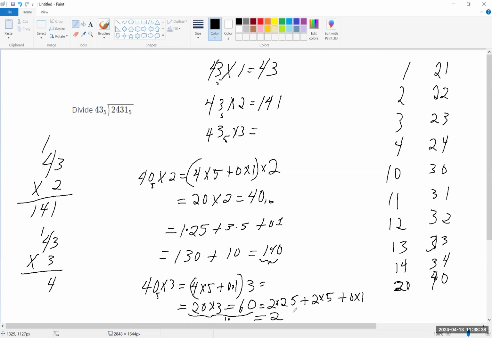So it's 2, 2, 0. But I've got this 1 over here, so I need to add a 10. So it's 230, so it's 231. Okay, I think we have what we need. We may decide we need to go one more step, 43 times 4, but I think we've got it covered.